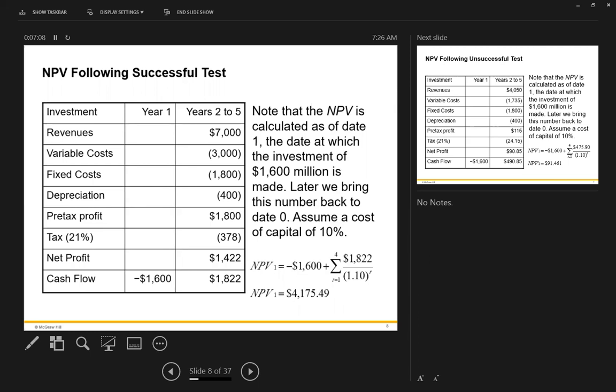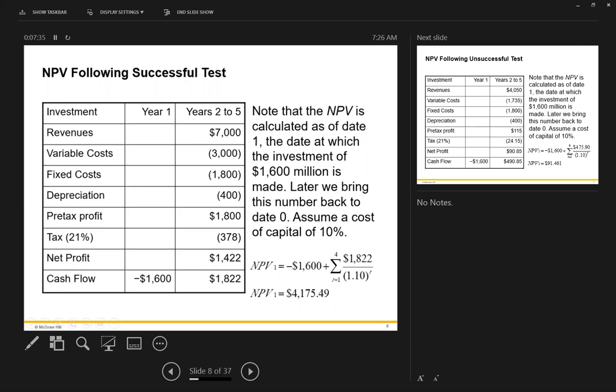These are given, so we're not calculating them. What we are calculating now is cash flow. Given this information for years 2 through 5, the pre-tax profit is $1,800: 7,000 minus 3,000 minus 1,800 minus 400. Tax on that profit will be $378. So net profit is $1,422.